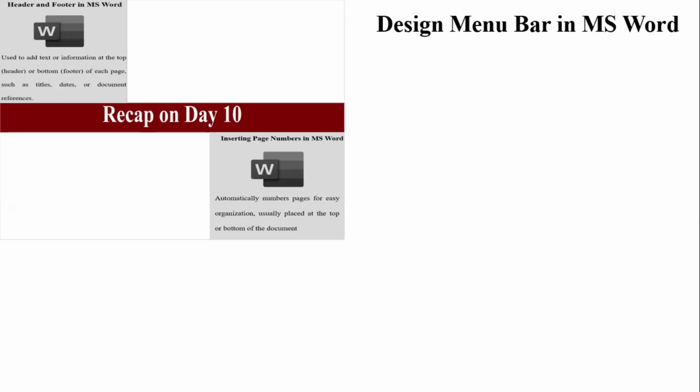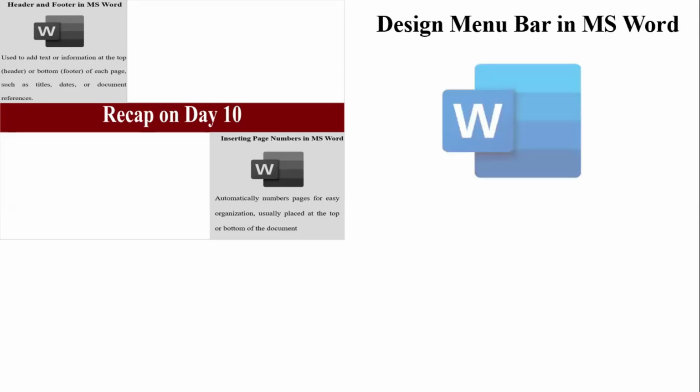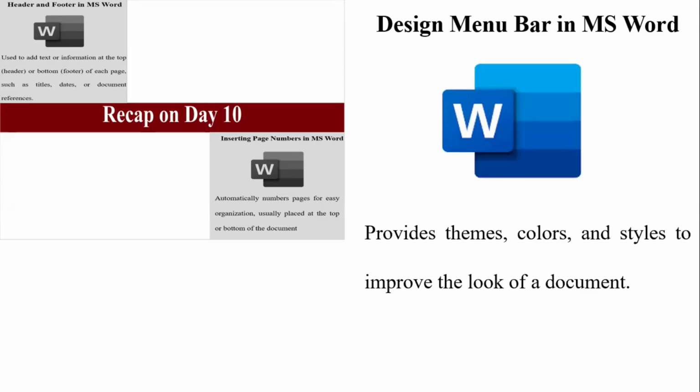So we'll start with today's class by starting with the design menu bar in MS Word. Design in MS Word provides themes, color, and style to improve the look of a document. When we say it provides themes and design, themes are a complete design package.